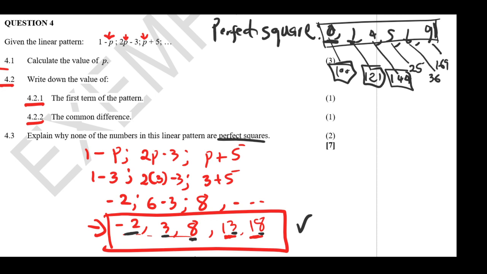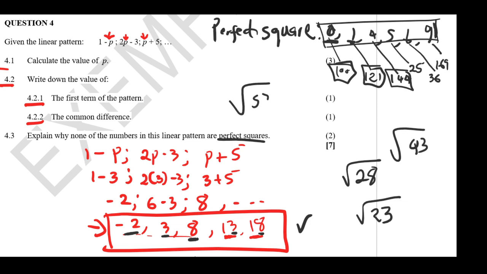I don't know any number where it's a root of, I don't know, 28 and it's a perfect square. Or a 3, like there's nothing, 23. Or root of 43. I hope you get what I mean. Root of 53. There's no number where I put a square root and a number that ends with these numbers that are here, it will give me a perfect square. Hope that makes sense.